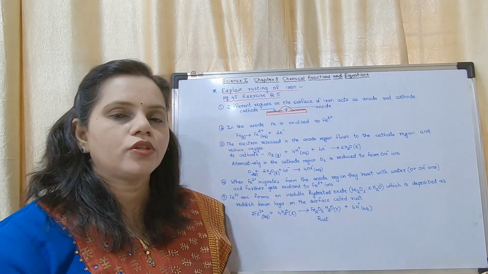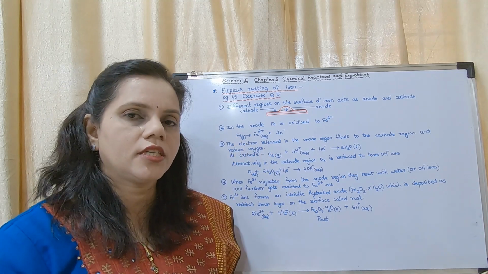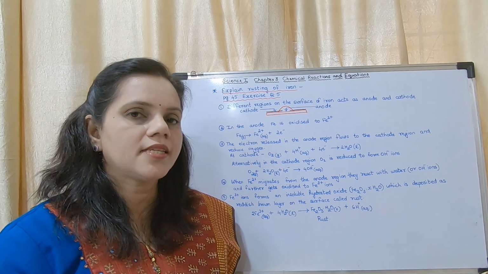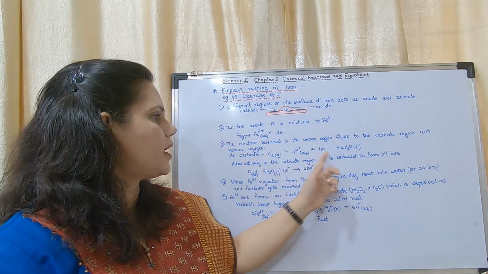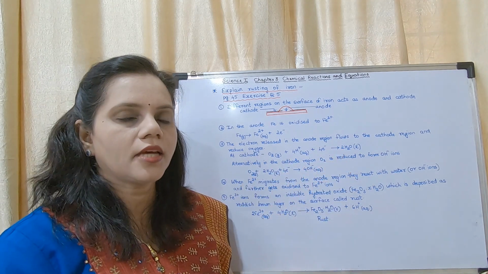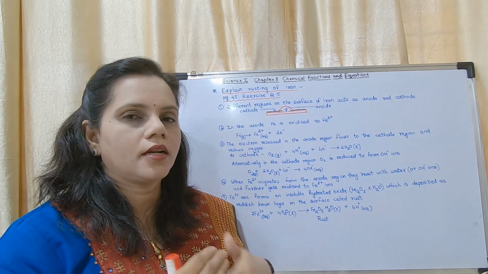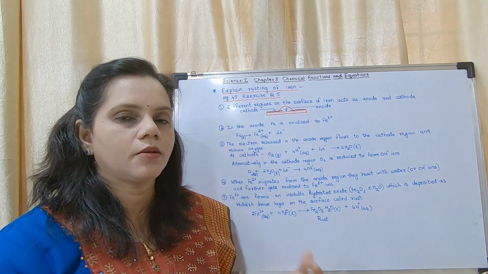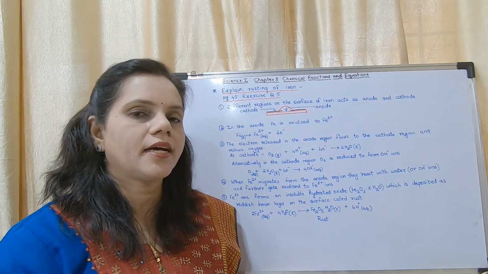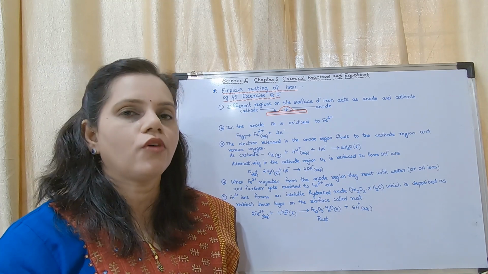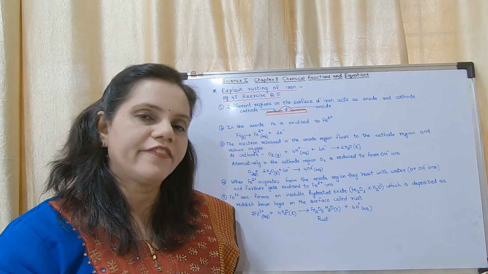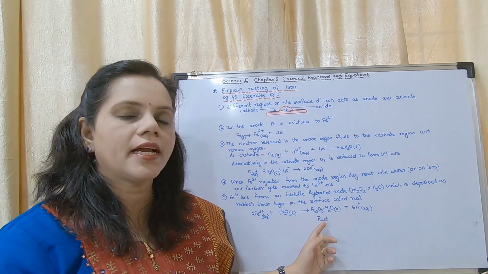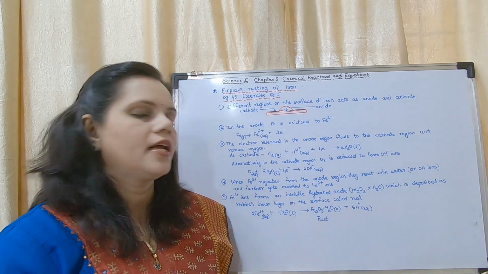Those electrons flow to the cathode region. At the cathode region, oxygen is reduced to water or OH- ions, and these OH- ions and water molecules are present around the iron. That Fe2+ formed at the anode region comes out, reacts with OH- ions or water molecules to form Fe3+. That Fe3+ again reacts with water molecules to form hydrated oxide of iron, that is Fe2O3.H2O.